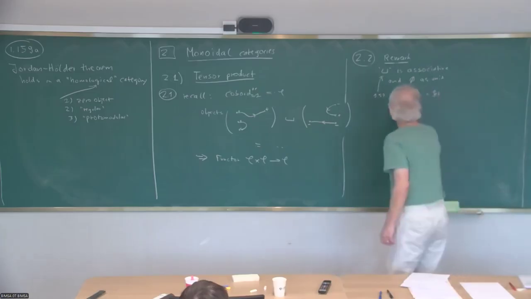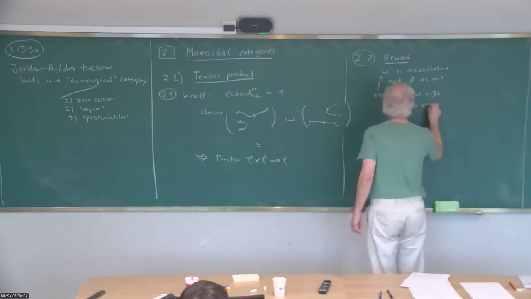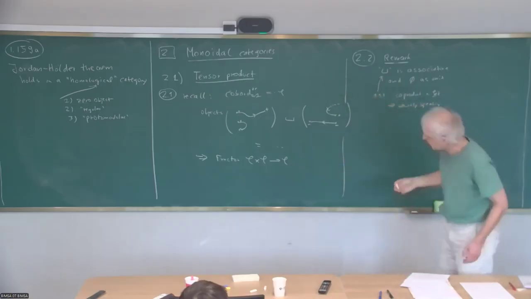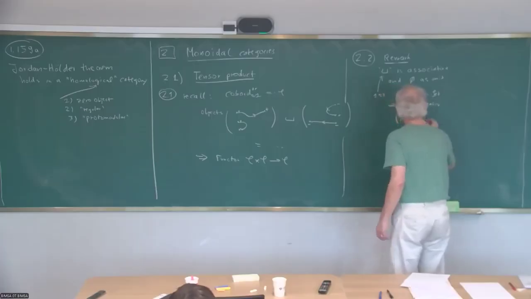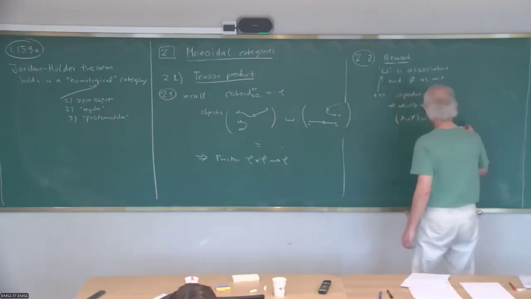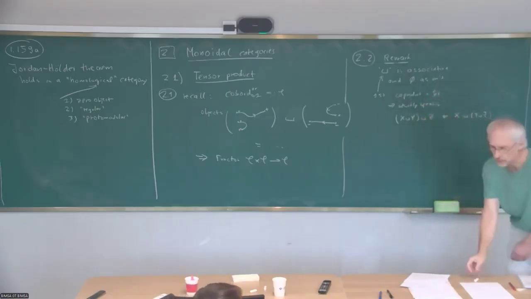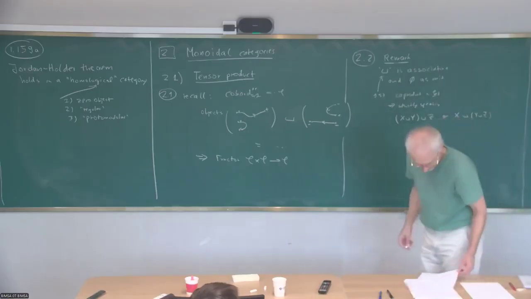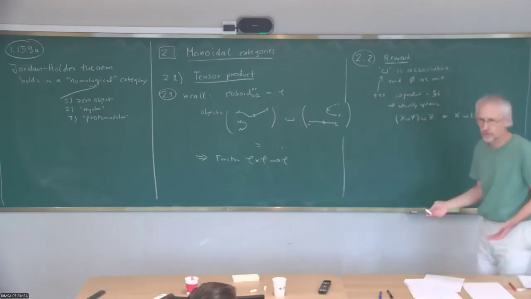And thus, strictly speaking, if you look at, say, objects, let's call them x, y, z, the direct sum of x and y, and then the direct sum with z, and the direct sum of x with the direct sum of y and z are not equal. Since this is a coproduct, it's defined by a universal property.